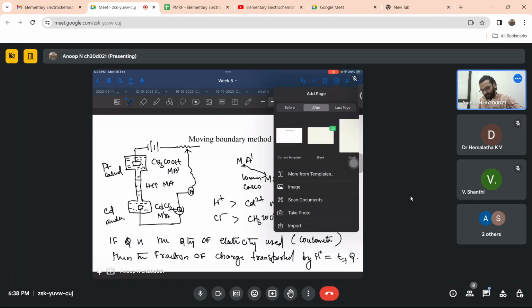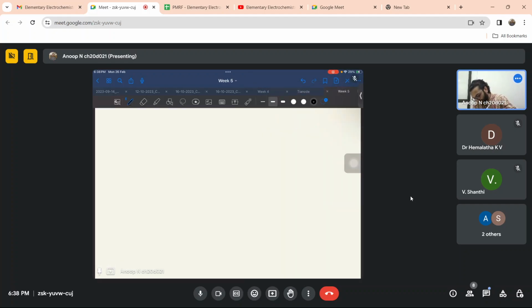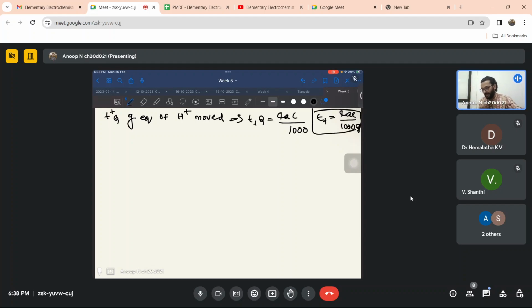Similarly, you can write T plus Q gram equivalent of H plus moved, which implies T plus Q is equal to L A C divided by 1000. From this we can write T plus is equal to LAC divided by 1000 Q. This is how we write with moving boundary, where LAC is the amount of HCl moved up.